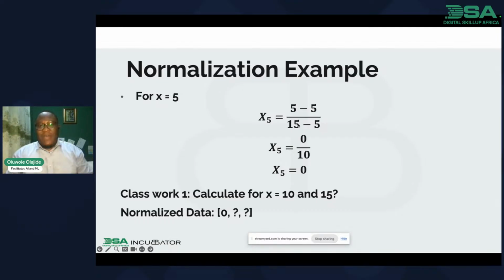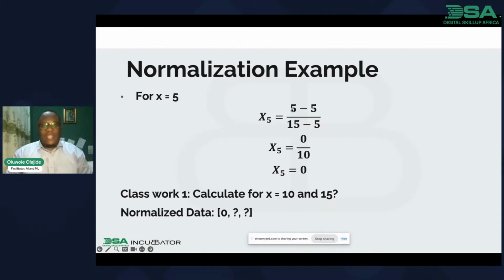Then divided by the x maximum minus the minimum value, which is 15 minus 5. 5 minus 5 will give us 0. 15 minus 5, which Deborah corrected me, is 10, which I appreciate so much. 0 over 10. 0 divided by anything will always give you 0. So the value for 5, when you normalize the data, is 0.